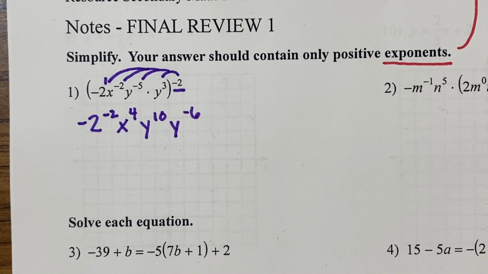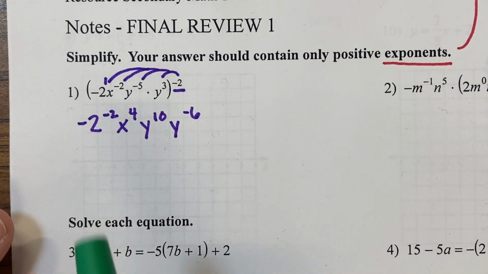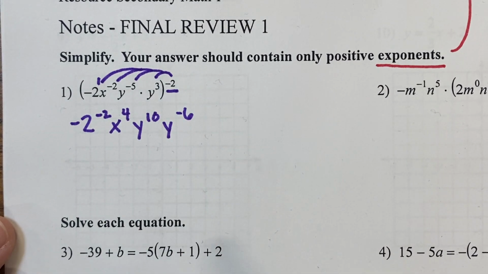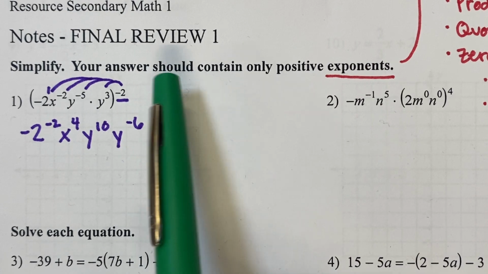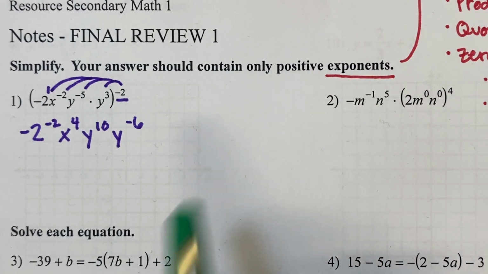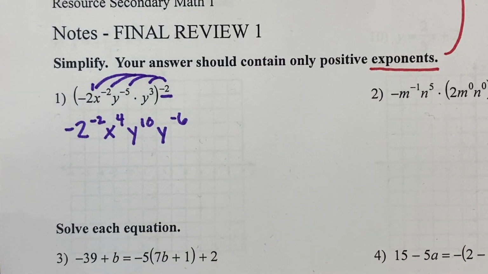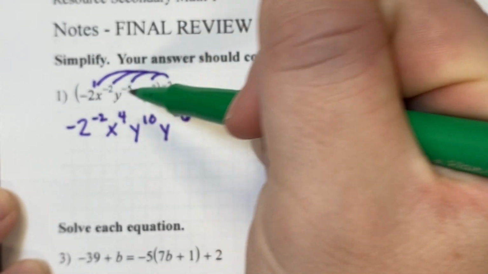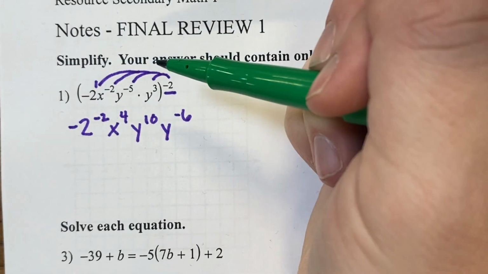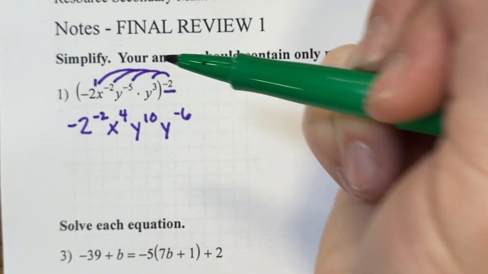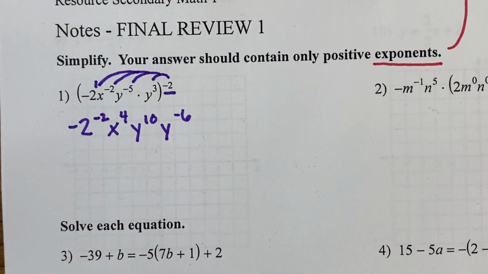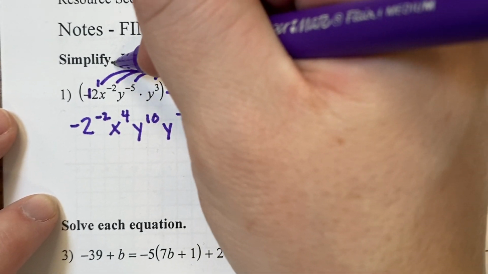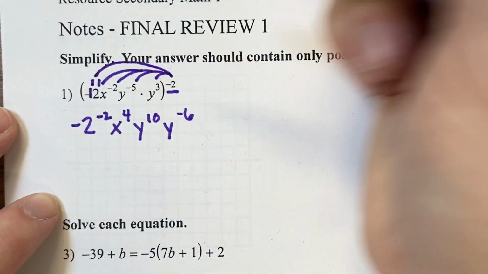Beautiful. The second thing that I notice, and it usually jumps out pretty quickly, are these negative exponents. Remember that your answer should contain only positive exponents. So if you have negative exponents, you know you're not done. Remember the negative exponent grabs, in fact, I missed something. This is technically a -1 to the first power.